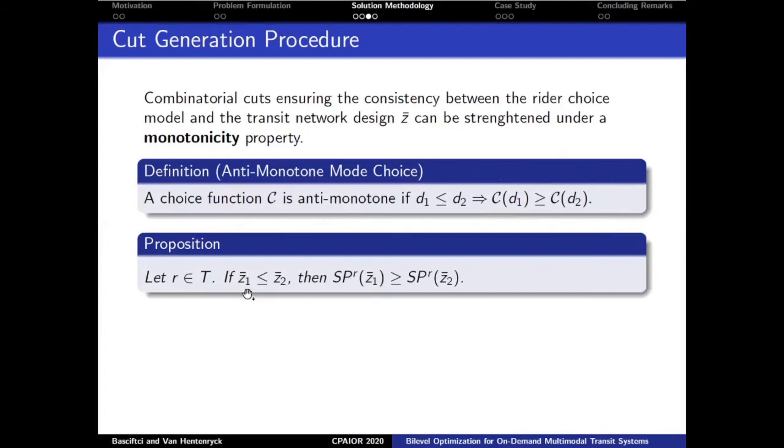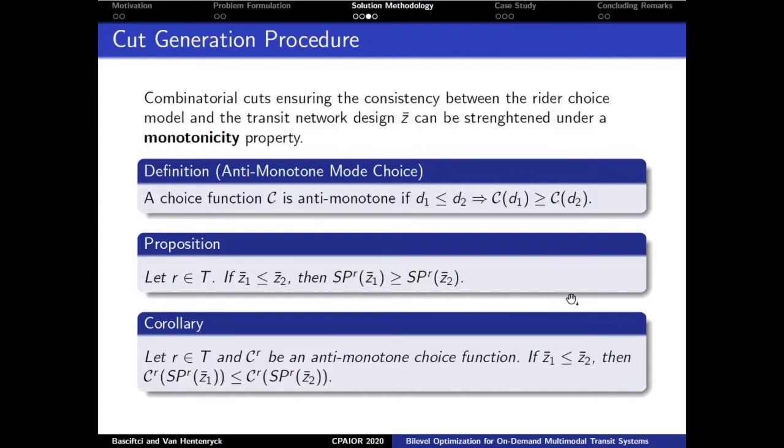If we have a transit network design Z1 with fewer legs than the transit network design Z2, then the shortest path value that we obtain should be greater than or equal to the other one's value, as Z1 has fewer legs in its design. So, by combining this definition with this proposition, under an anti-monotone choice function, if Z bar is less than or equal to Z2, then we have the following property.